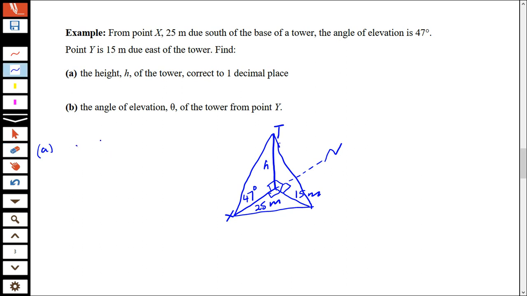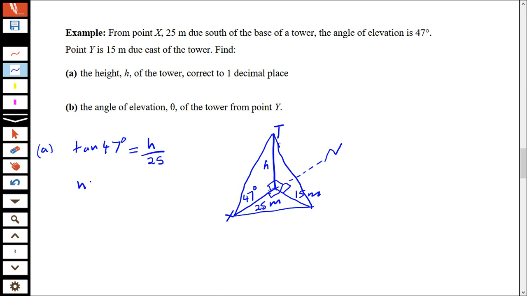So in this triangle here, this is the triangle I'm looking at, tan of 47 degrees is equal to opposite divided by adjacent. That's 25.